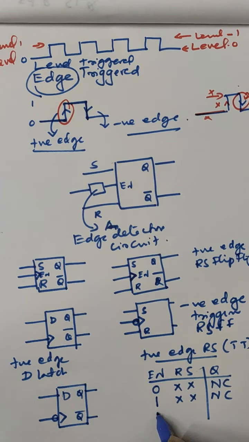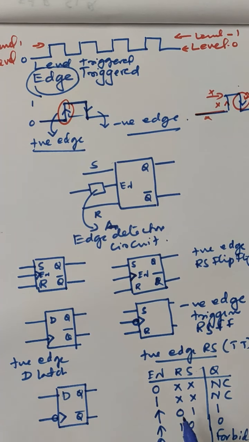A positive edge is represented with an up arrow. So in this case, 0 1 gives 1, 1 0 gives 0, and 1 1 is forbidden.